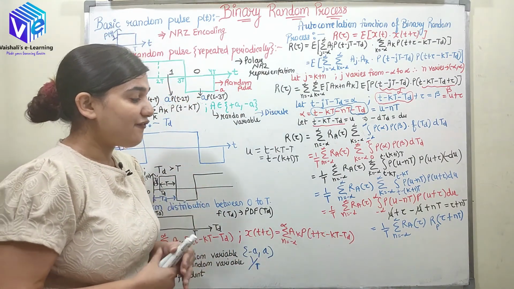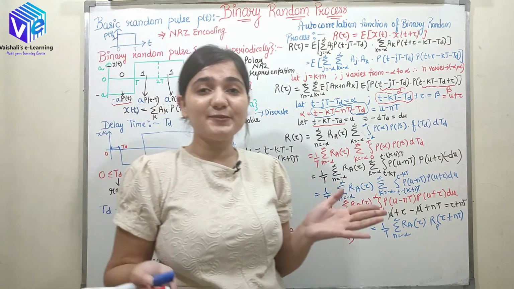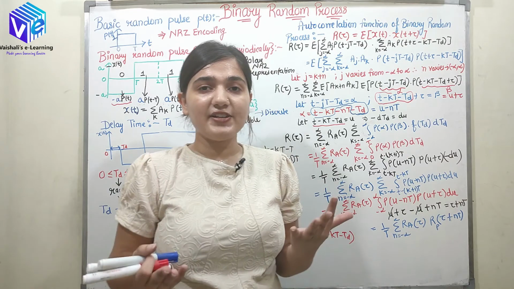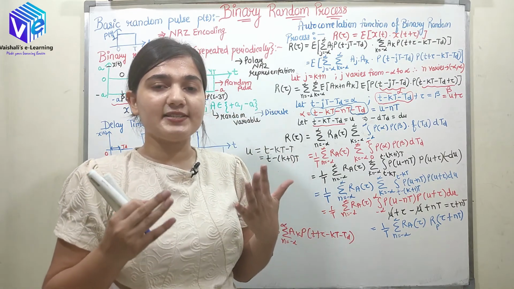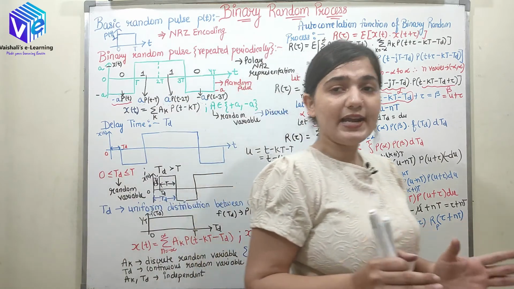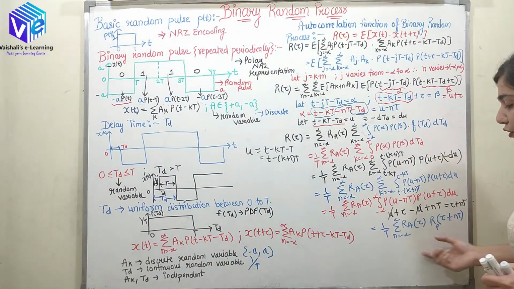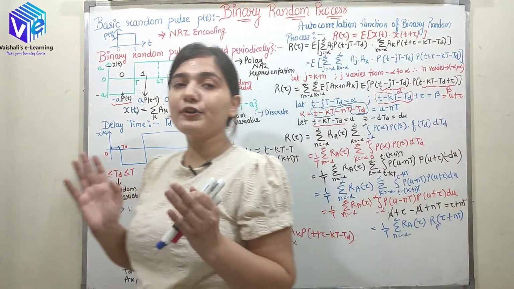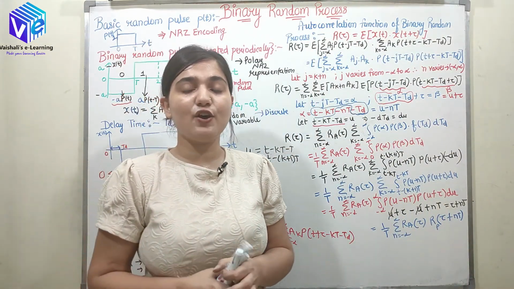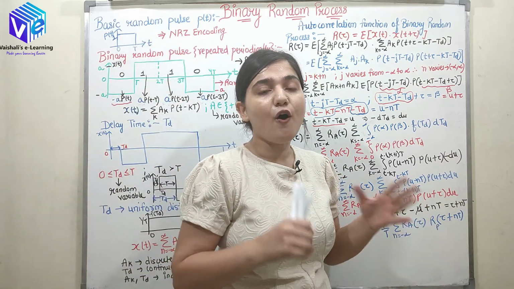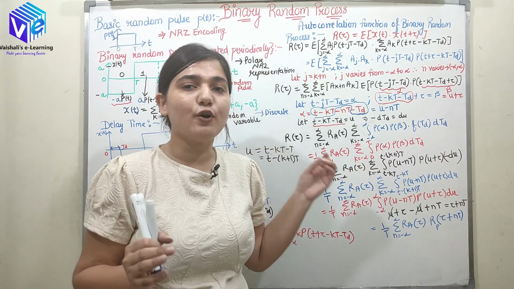If I need to find the power spectral density, I hope you remember, it is the Fourier transform of the autocorrelation function. So I'll be taking the Fourier transform of this function. I have already found the power spectral density of various line encoding techniques, and the basis of all of them was this only.